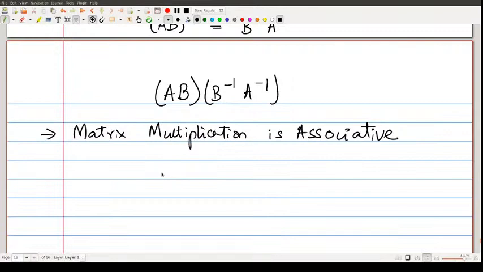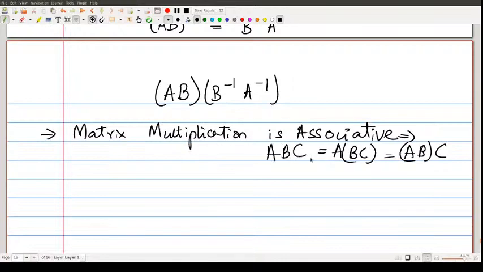Associativity basically means that (A times B) times C is the same as A times (B times C). So if you want to get rid of the parentheses, you can just write ABC. It doesn't matter in which order you do the multiplication, as long as multiplication is compatible, that is, the columns of one should be compatible with the rows of the next.